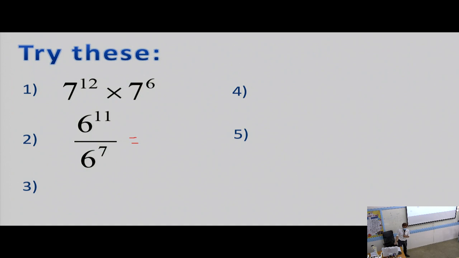Okay, very good. That would be 6 to the power of 4, since that is 6 to the power of 11 minus 7, which is 6 to the power of 4. Okay?